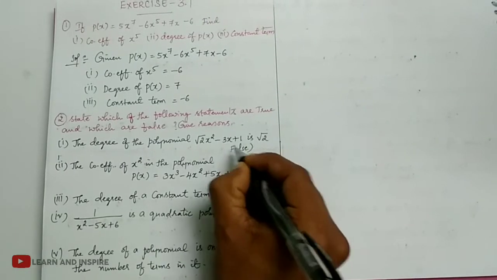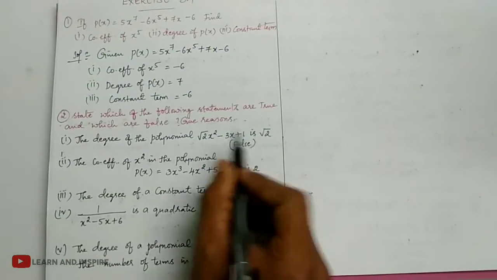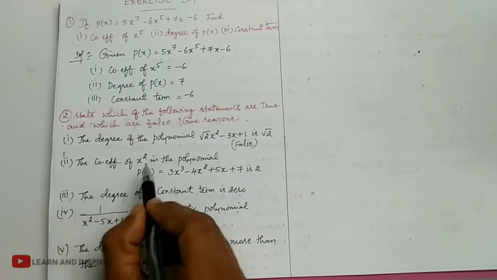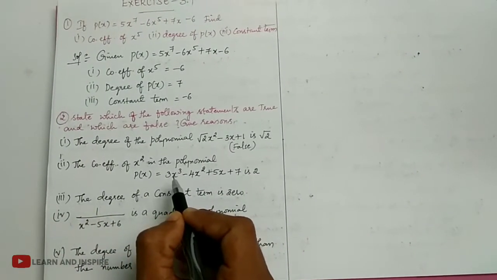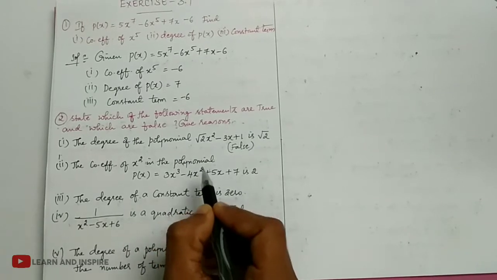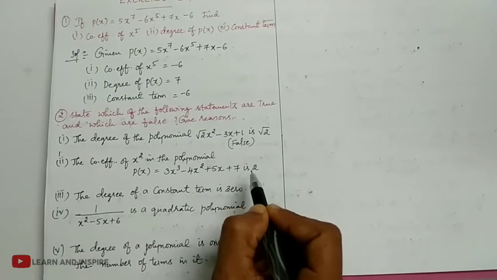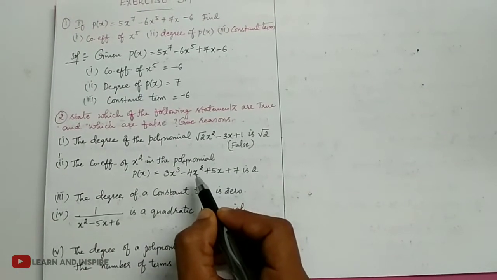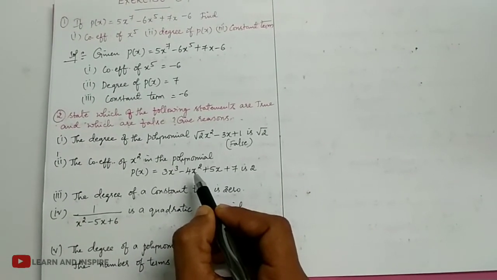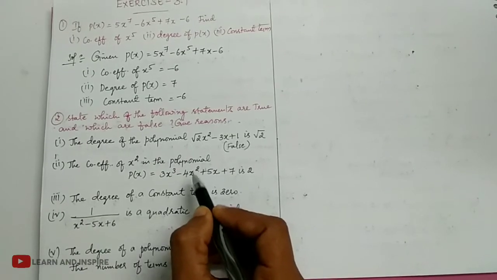Okay, understood? Second one: the coefficient of x square in the polynomial p of x equal to 3x cube minus 4x square plus 5x plus 7 is 2. Coefficient of x square. The x square term is this one. What is the constant before the variable x square?